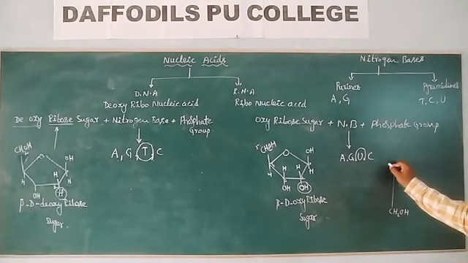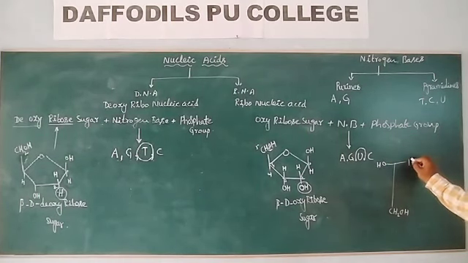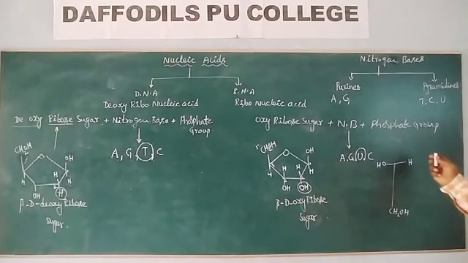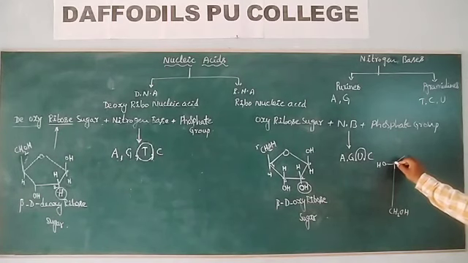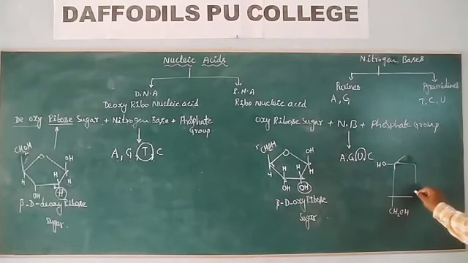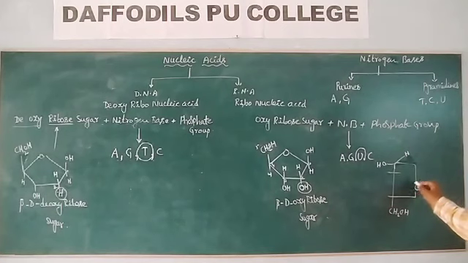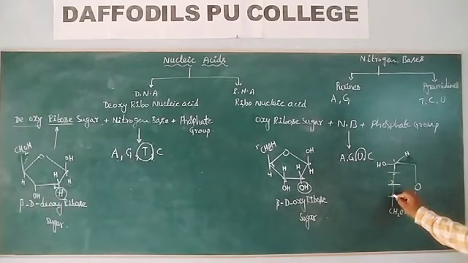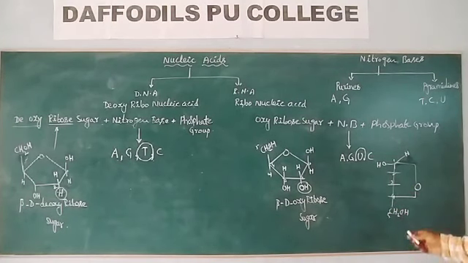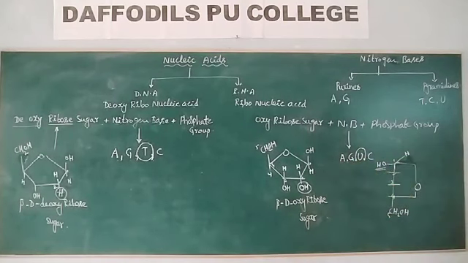This is the first carbon, OH, H. This first carbon is bonded with the fourth carbon with a glycosidic linkage. 1, 2, 3, 4, 5, fifth carbon. This first carbon OH group is present at the left side.